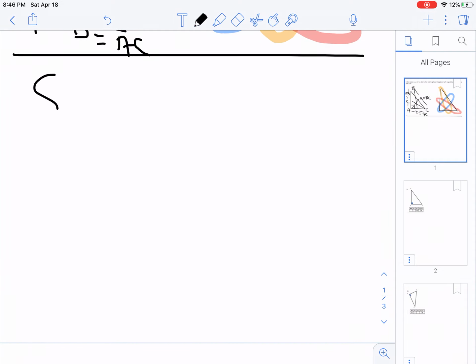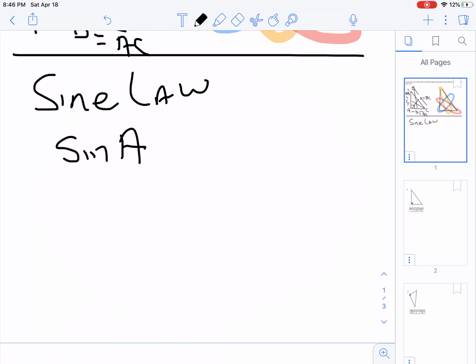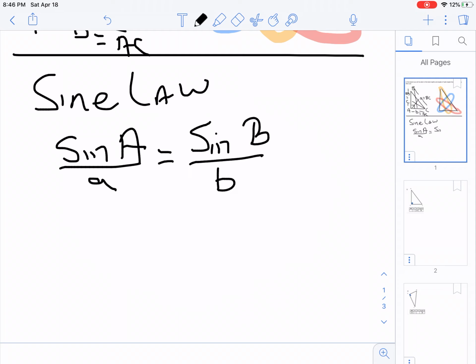Sine law means sine A, and that's angle A, divided by side a is equal to the sine of angle B divided by side b, which is also equal to sine C divided by side c. Or we can flip it. It wouldn't matter because the ratio is going to be the same.